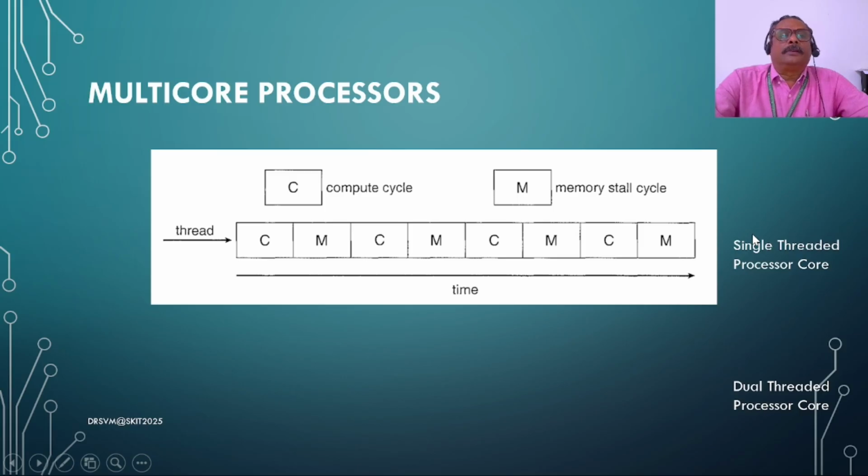Now if we think of what a multi-core processor can do, let's check one example. A core can work with a single thread or multiple threads. That's how the processor can be designed. In a single-threaded processor core, when we have code to compute, it takes a computation, but whenever we need data from the memory, we need to access the memory, and then we have a memory stall cycle.